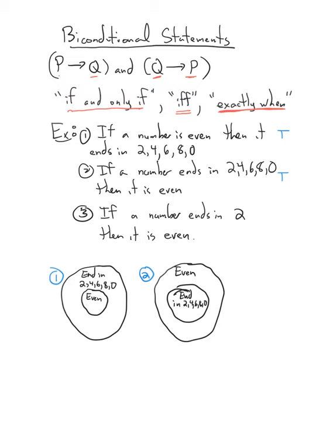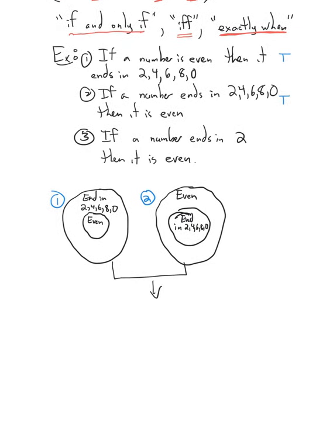And if you think about it, the only way that these are true at the same time is if they're both the same fence. So if they're right next to each other, if there's no space in between them. In fact, let me make this fence red so it's a little bit easier to see. So the even fence will be red.